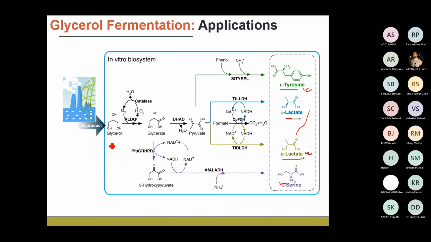So generally, the glycerol, which is a byproduct from the industries, or glycerol produced by microbial culture, is processed into another type of chemical or biochemical based system, where we obtain different amino acids or different lactate derivatives. And they find their potential applications in food supplements.